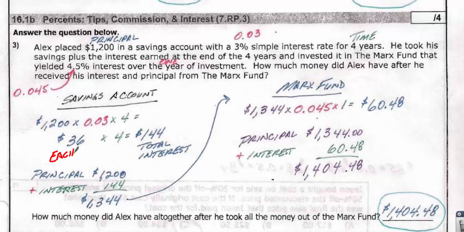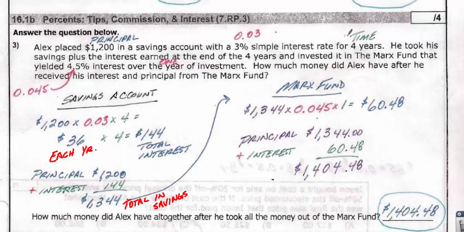In case you wonder, that is the each year amount times 4 years, $144 in interest. Take his principal, add it to his interest, and this is what he has. This is his total in savings, total principal and interest.